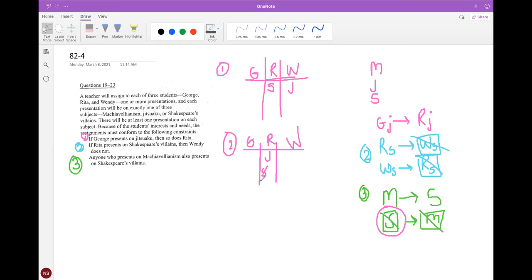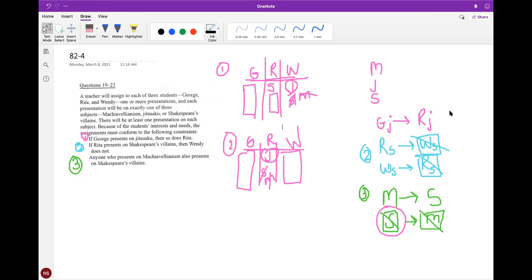In world one, W can't have anything but J. And in world two, R cannot have anything but J. So the only ones we have to figure out are G and W in world two, and G and R in world one. But we have one done. Then I would go into my questions.